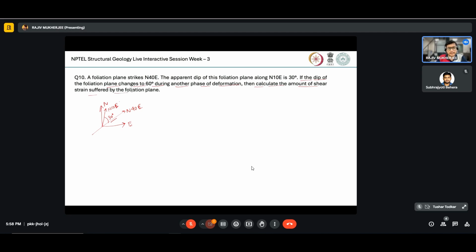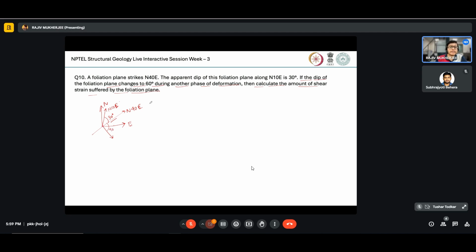First of all, we need to calculate the true dip. We know that the true dip will be somewhere along this direction. Of course, it will be plus 90° to this, but we need to get the dip amount.